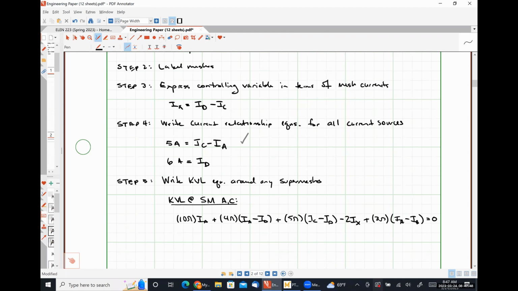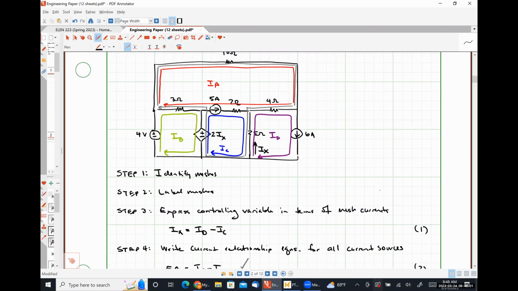So I just want to look here at how many equations we have. We have one equation, two equations, three equations, four equations. And by my count, we should wind up having 5 total equations because we have 4 meshes and then that quantity IX, right?